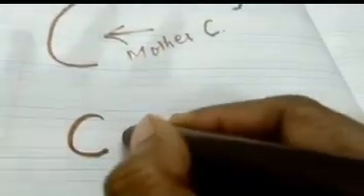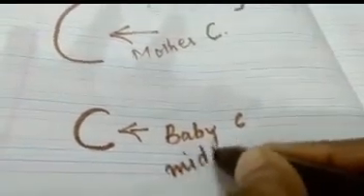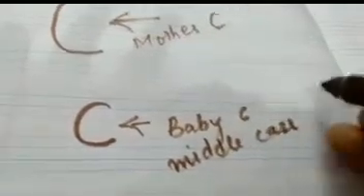This is capital C, because it is written big, and it is also known as mother C or uppercase C. Now I will draw small c, this one, and it is known as baby C or middle case C. Okay, you can see the difference between capital C and small c. Capital C is written big and small c is written small.